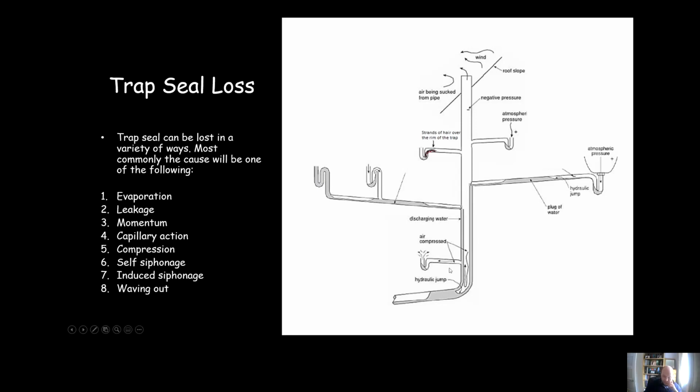Compression, near the base of the stack, where you have the air compressed and pushed out through the trap seal. Or waving out, is like we can see here, where the wind blows over the top of the pipe and causes movement, which can cause the water in the traps to start lapping from side to side, which can cause them to wave out over the edge of the trap.